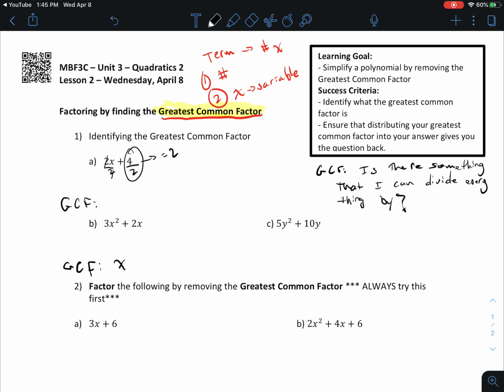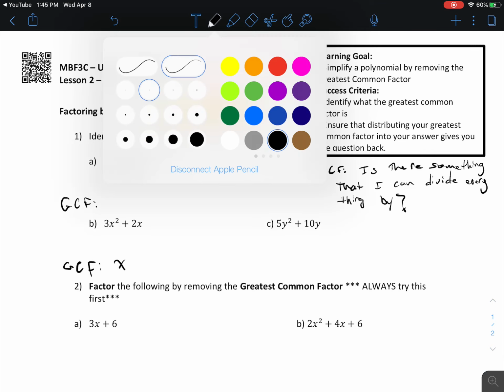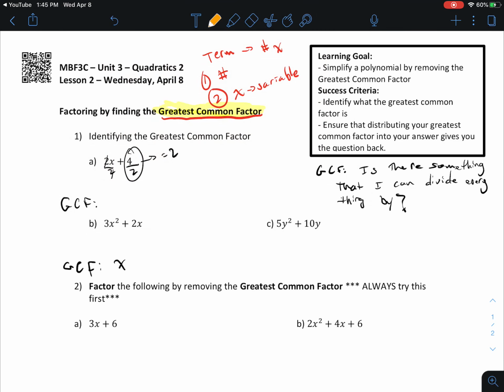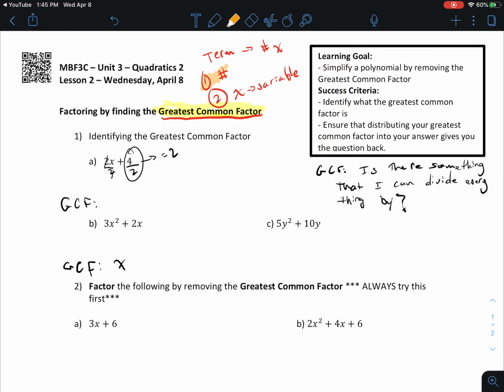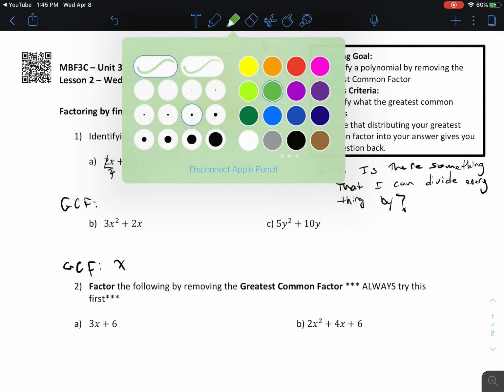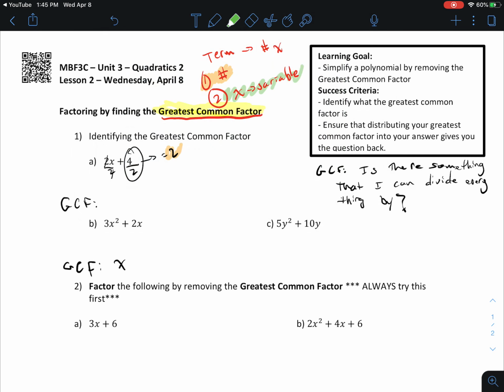Now the last one, a little bit different again. Now I'm going to combine. To bring you back, part A was just a number. In part A, we found just a number. In part B, I found just a variable.